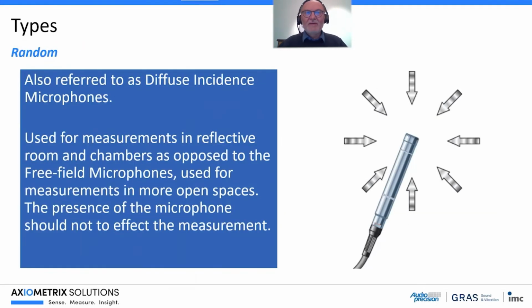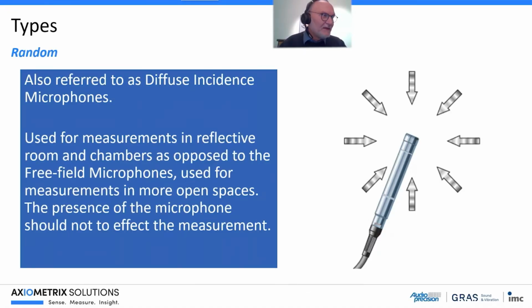Another type of microphone is the random incidence microphone, also called the diffuse incidence microphone. These microphones are designed very similarly to the free-field microphone, but the random incidence microphone will pick up the sounds coming from all the different angles. So you don't have to point at the source; it will pick up the noise from all the different sources.